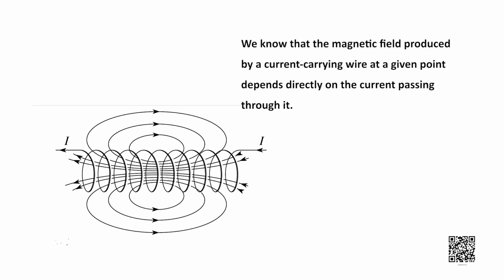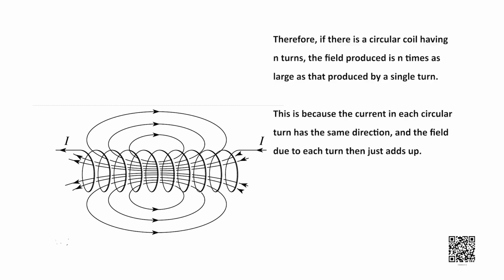We know that the magnetic field produced by a current carrying wire at a given point depends directly on the current passing through it. Therefore, if a circular coil has n turns, then the field produced is n times as large as produced by a single turn of wire.